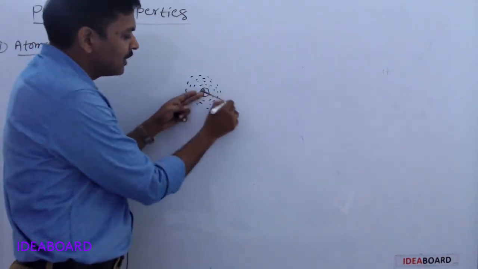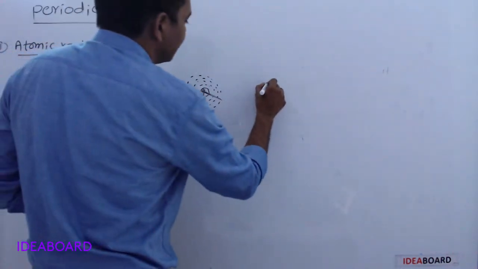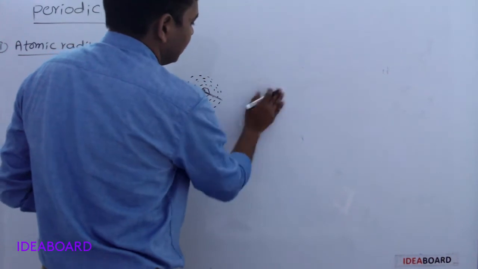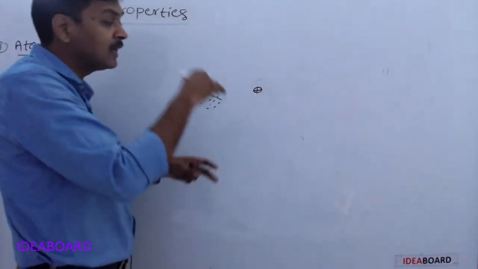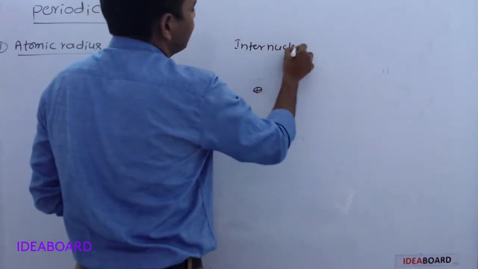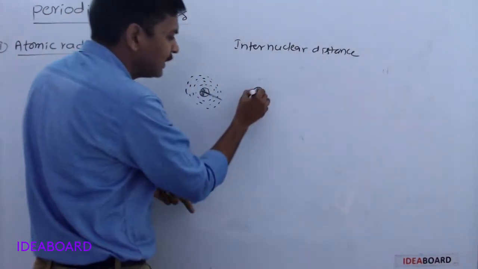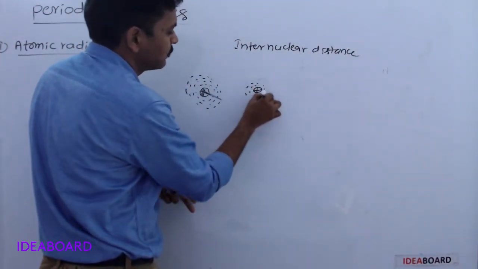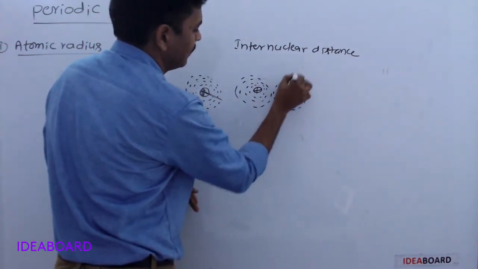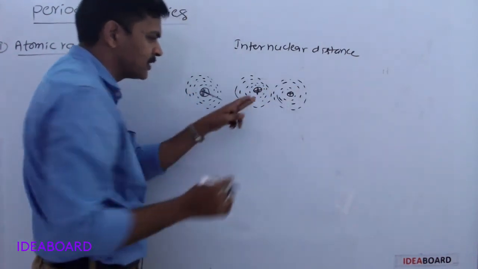But if you take two atoms, their internuclear distance can be measured easily. Internuclear distance means, see, this is one atom, and this is another atom.